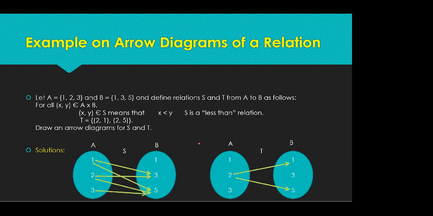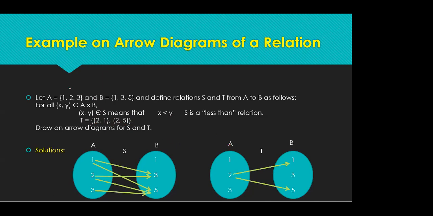So we have to remember how to get the ordered pair from a Cartesian product. Remember, that's how we're going to solve this kind of problems. Gets? Yes, sir. So for this set T, we are given the ordered pairs (2, 1) and (2, 5). So 2 will be our domain, or X, and 1 and 5 is our codomain.